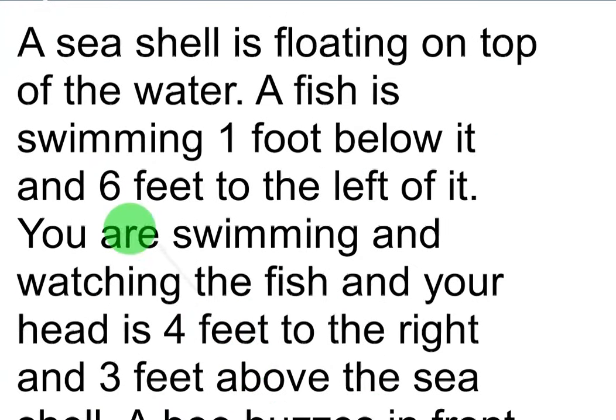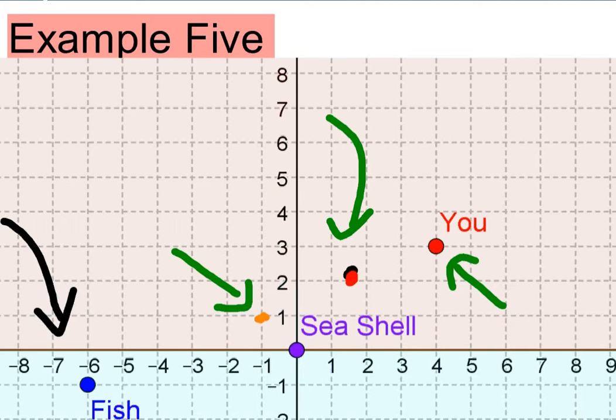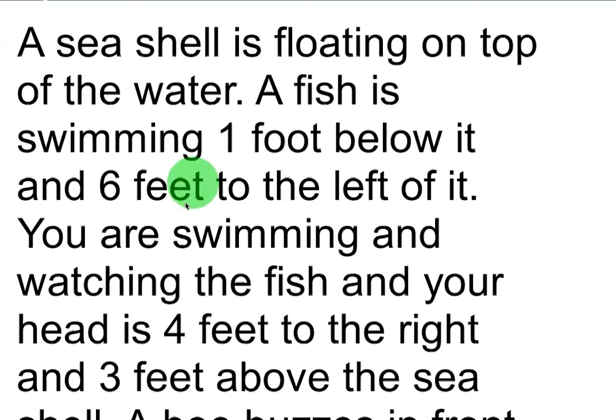So a big part of this is, okay, you need to plot these points, right? So first of all, we can plot a seashell as floating on top of the water. So our seashell is kind of our point of reference, so we're going to label it 0, 0, because that's where it all began. Okay, a fish is swimming 1 foot below it and 6 feet to the left of it.